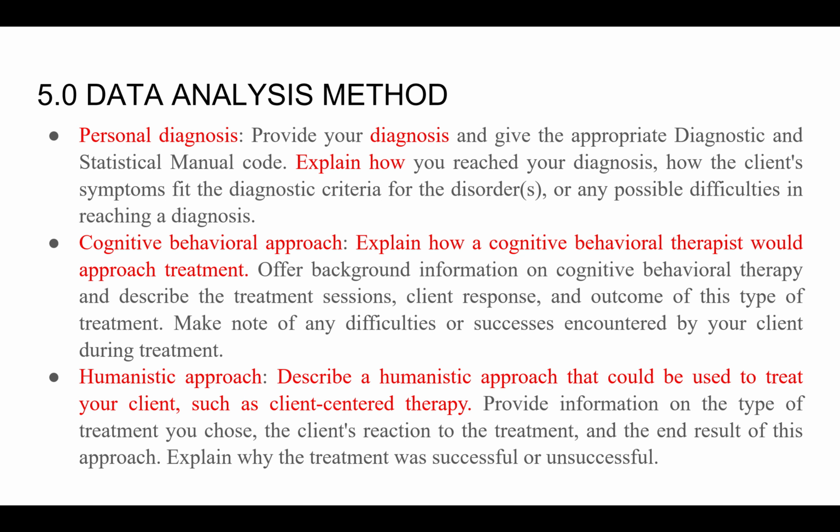The first one is personal diagnosis. It's to provide your diagnosis and give the appropriate Diagnostic and Statistical Manual code and explain how. And the cognitive behavioral approach is to explain how a cognitive behavioral therapist would approach treatment. And the third is the humanistic approach, which is to describe a humanistic approach that could be used to treat your client, such as client-centered therapy.